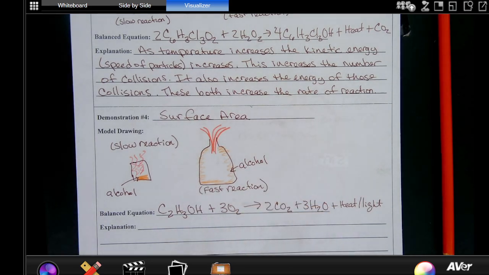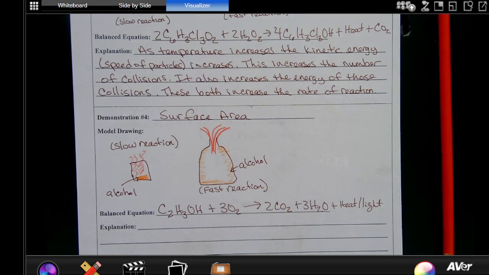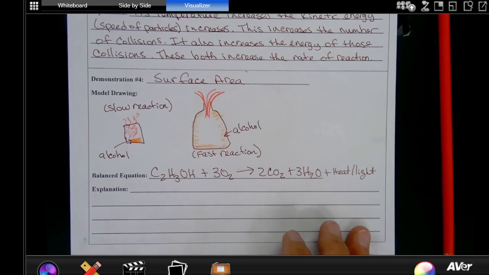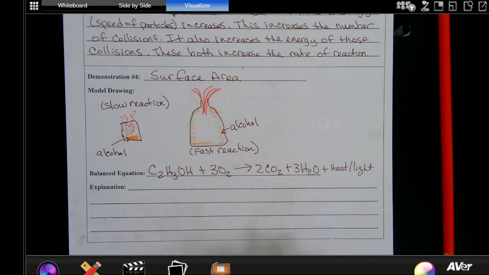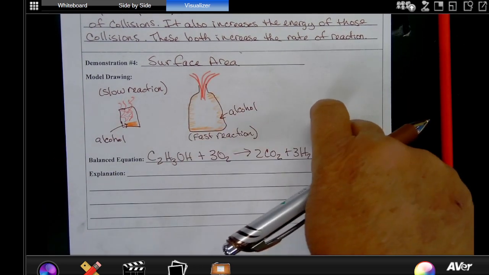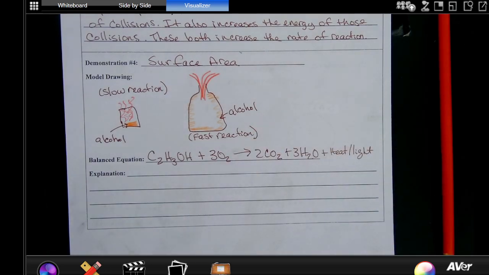Okay? Please don't do this at home. Don't go play with your parents' 5-gallon water bottles, okay? It can be quite dangerous if you don't know what you're doing. Unfortunately, the teacher at West, when I was there, blew a bottle up because they put too much in it. It looks safe when I do it because I know how much to put in there.